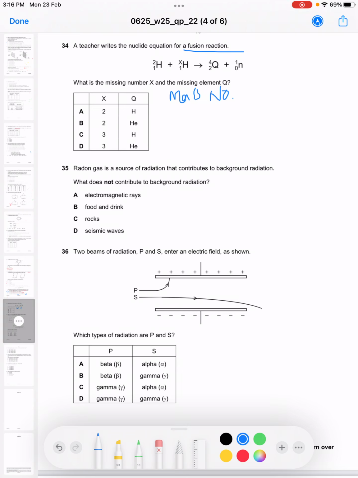The initials and the products must be the same. So the mass of hydrogen is 2 plus the mass of the next hydrogen is X, which we don't know, equals 4 plus 1. Solve it: 2 plus x equals 5, and x equals 5 minus 2. It will give you the answer 3. So x is 3.